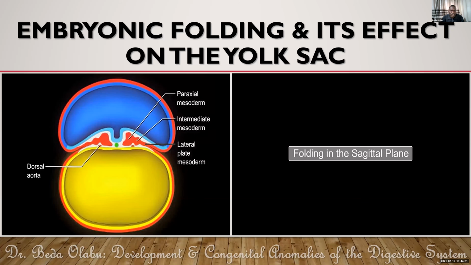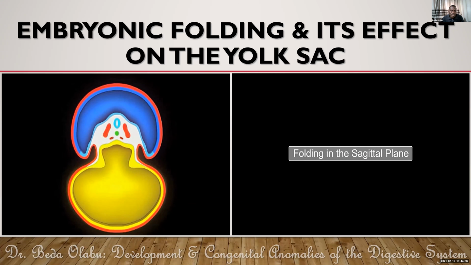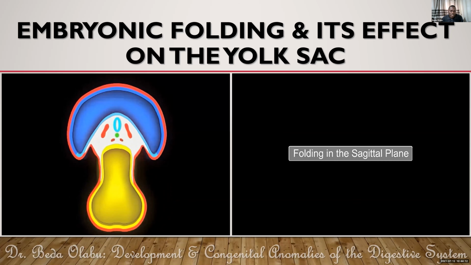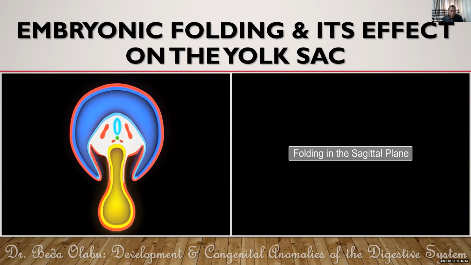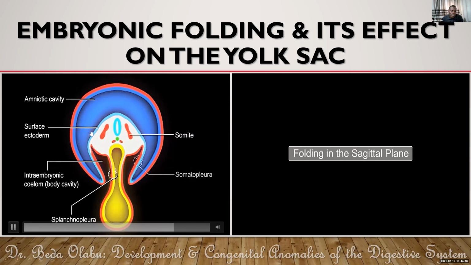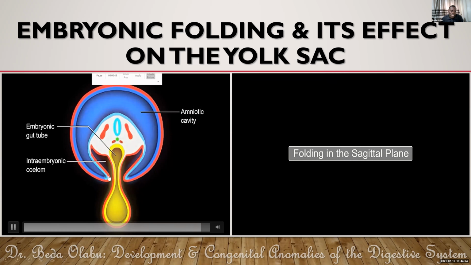Let's follow that video now and see what happens. I want you to look at the yolk sac specifically at this point and see that it is diminishing, becoming small, while the amniotic sac is expanding to surround the baby. Look at the shape of the baby now. The baby has become cylindrical.